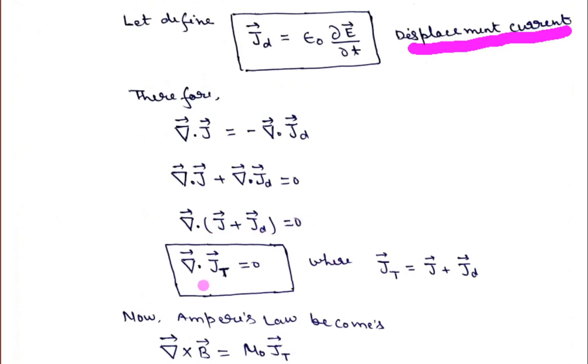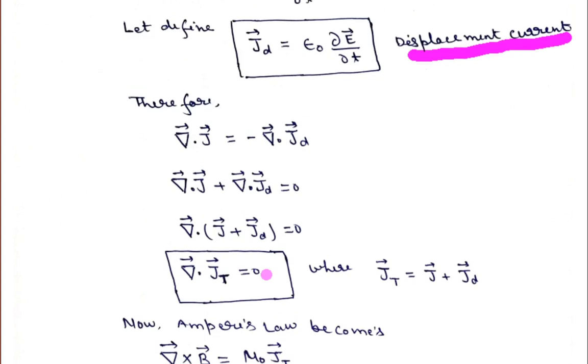Now we will define a new quantity, the total current density JT, where T means total. So JT is equal to J plus JD, and this is satisfying the equation that the divergence of the total current density is equal to 0.